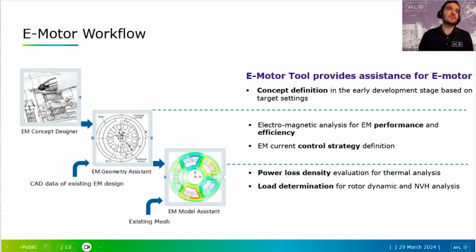So I did mention once you finish your concept, you can start defining your geometry and create a sort of drawing of your motor, and that will then be meshed and sent to the EM model assistant for the CFD run for the electromagnetic calculation. And anytime through these steps, you can also deviate a little bit and import your own motor drawing that you have, or you can even import your own mesh to get that automated electromagnetic run.